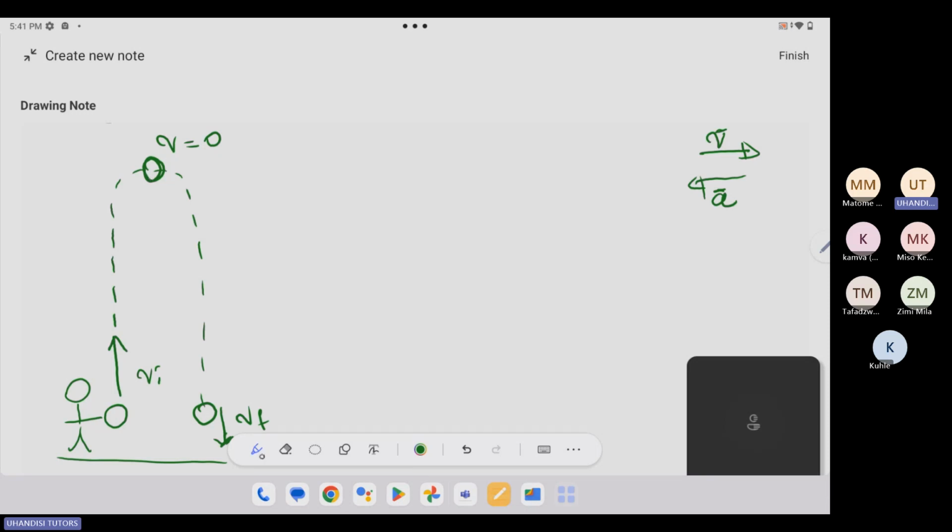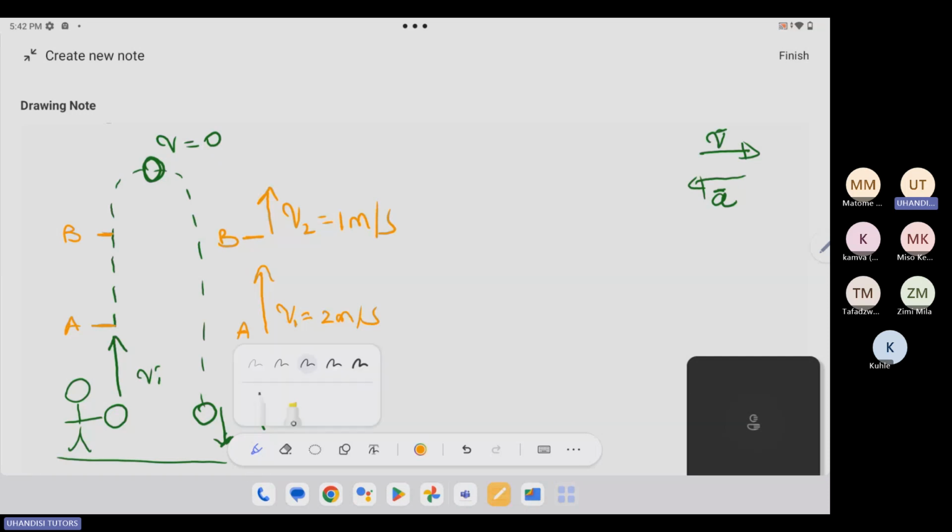So let's just mark 2 points on this diagram. Let's say this is point A and this is point B. At point A, let's say that this object is going upwards with an initial velocity of 2 meters per second. But now at point B, you now have the object moving at a velocity of 1 meter per second.